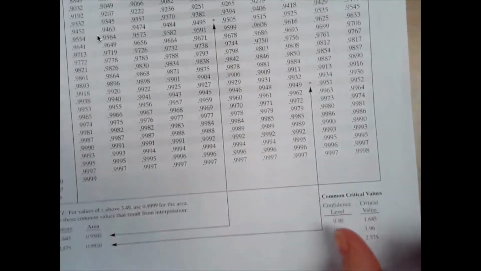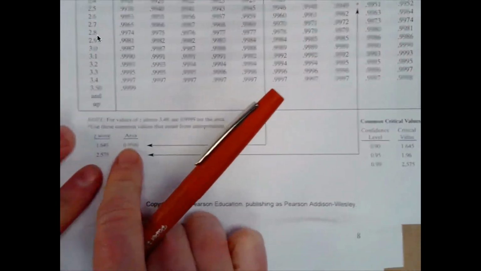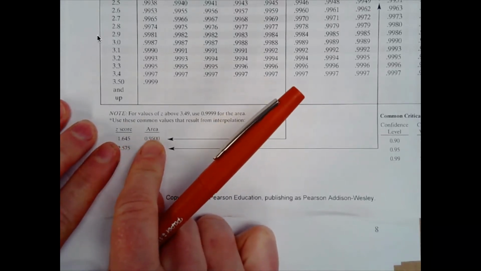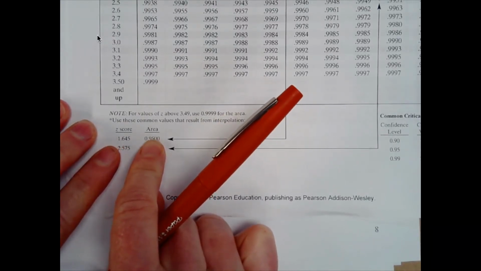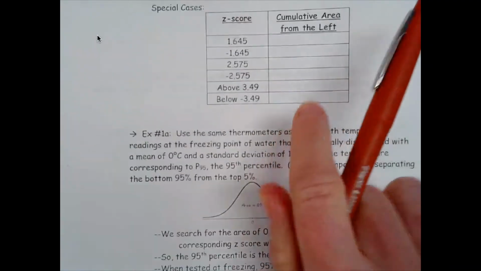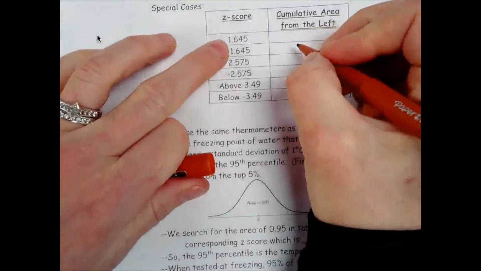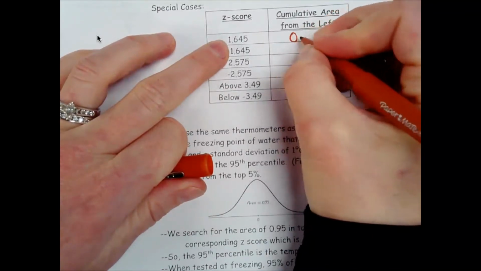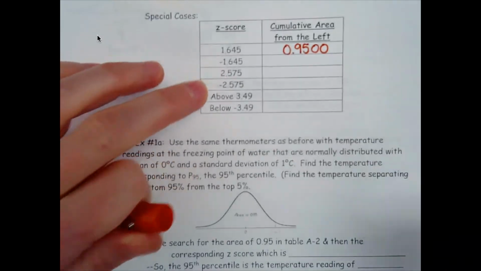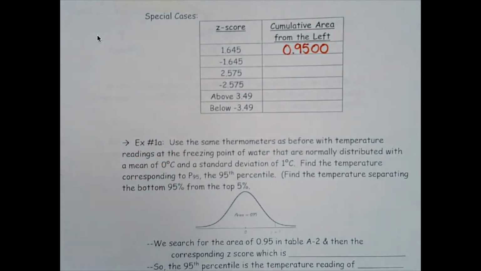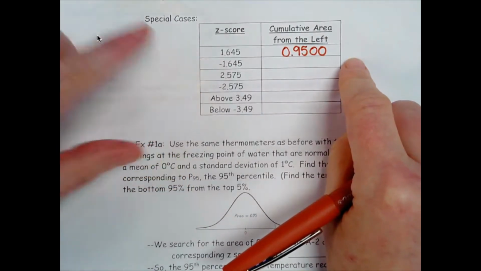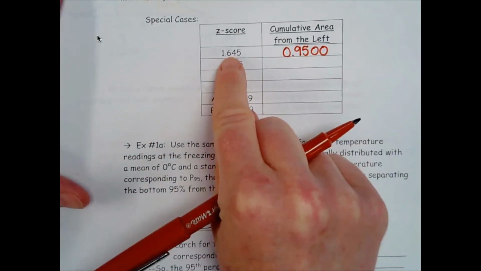Our significant, common ones, like 1.645, represent 95% of the area. So 1.645 is 0.95. Let's do 0.9500, because we're going to 4 decimal places. This would be to the far right.